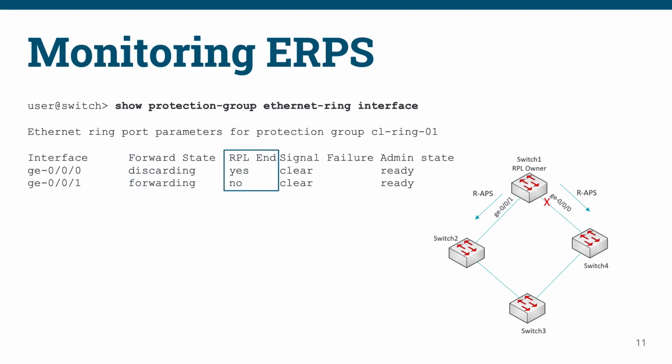The RPL end column indicates if the interface is configured as an RPL. The signal failure column indicates if a failure has been detected on this interface. And finally, the admin state column gives the administrative configuration state of the interface.